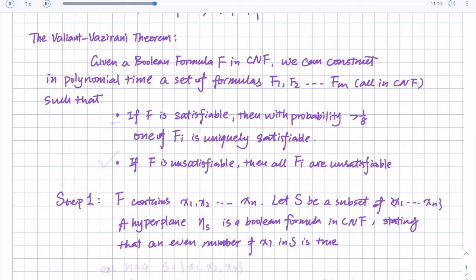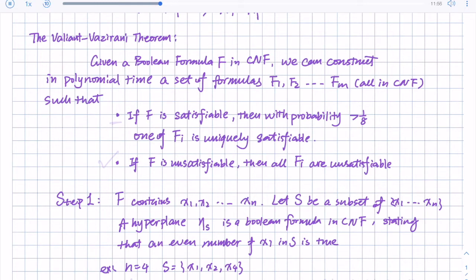So we'll use an example to show how eta S can be constructed from S. Suppose n is 4 and S is a subset of the variables, and it includes x1, x2, and x4.